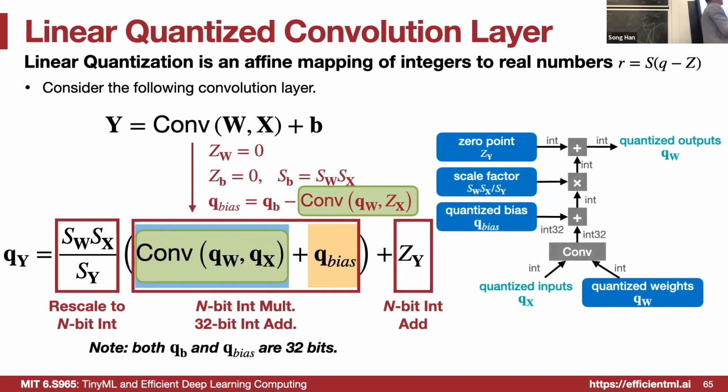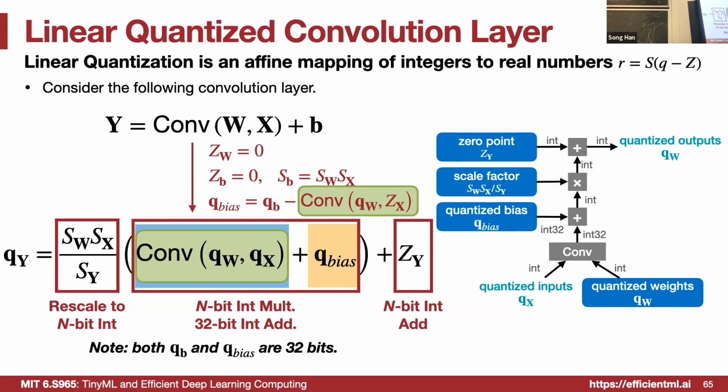So let's see the computation of the whole layer. We have to quantize the inputs and quantize the weights. This is the constant. So they are both integer. We do an integer convolution on top of this weight and activation, and we get an integer output. We add this quantized bias and accumulate that in 32-bit to prevent overflow. Then we multiply it by the scaling factor.